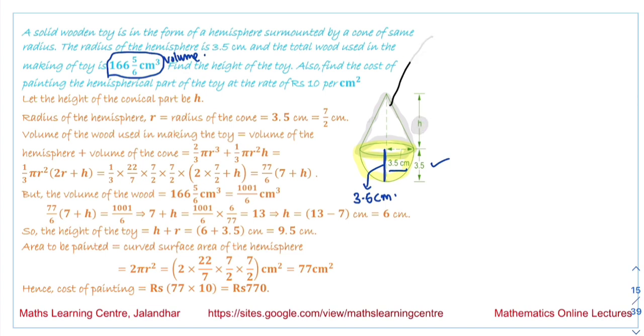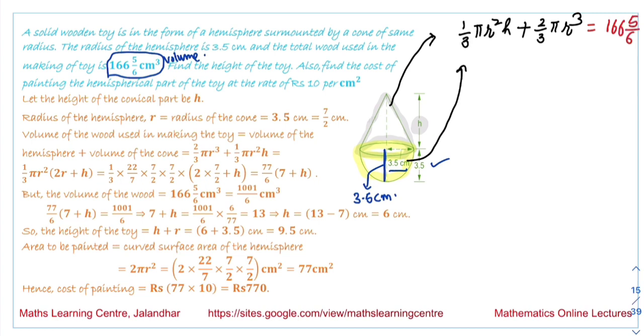Then the volume of this cone is 1 by 3 pi r square h. And the volume of this hemisphere is 2 by 3 pi r cube. And the total volume is given to be 166 5 by 6, and this comes out to be 1001 by 6 centimeter cube.